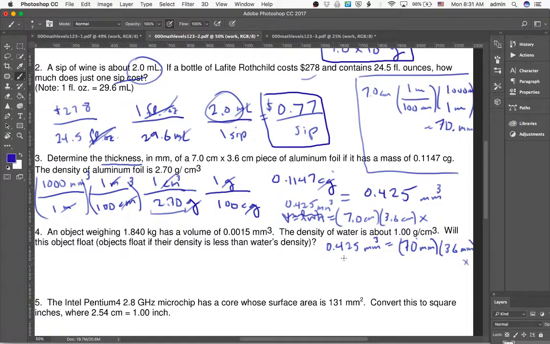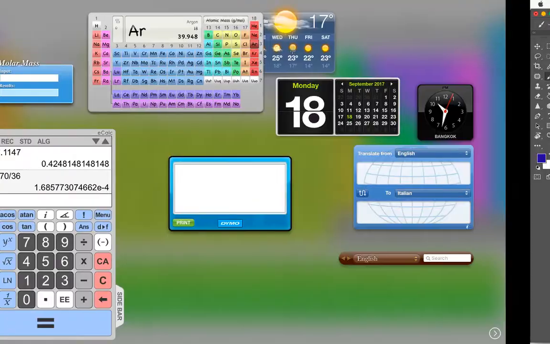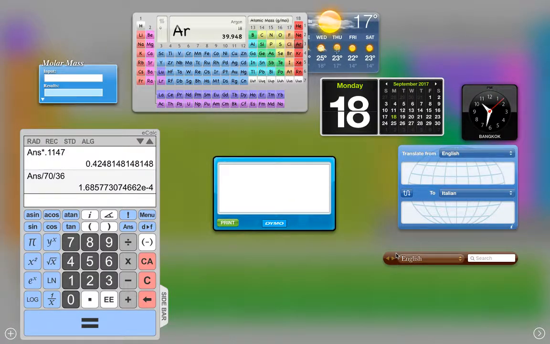Okay, I'll divide both sides by 70 times 36 to get x, so x will be equal to 0.425 millimeters cubed divided by 70 millimeters divided by 36 millimeters. So that's divided by 70, divided by 36. So that's going to be 1.7 times 10 to the minus 4.